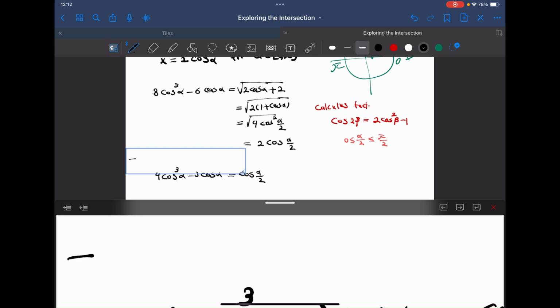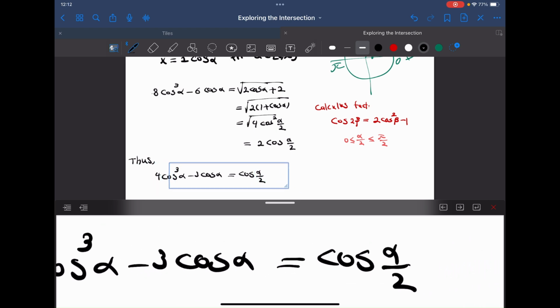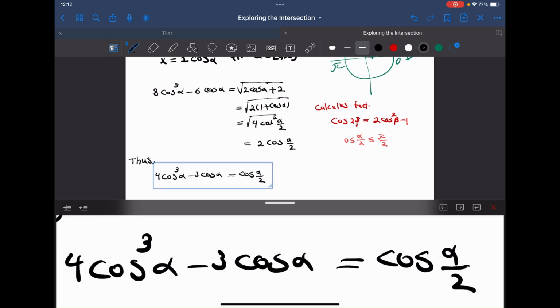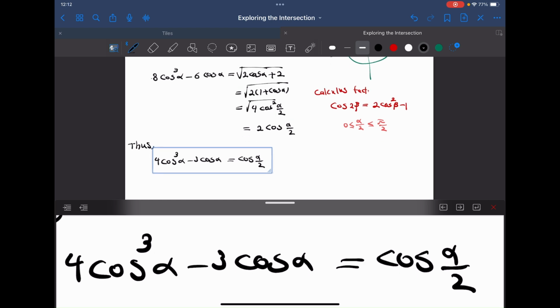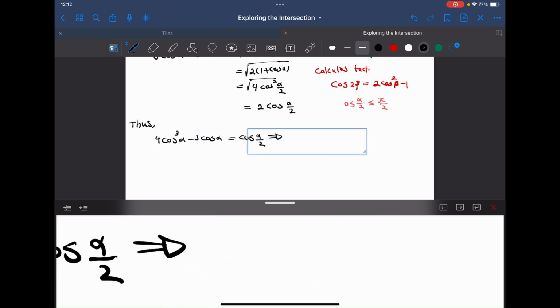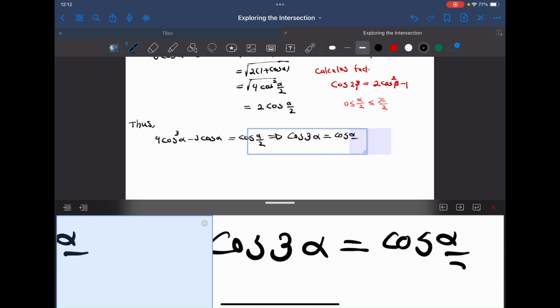But I know that this is another equality from calculus, that the left hand side is equal to cosine of 3 alpha. So cosine of 3 alpha is equal to cosine of alpha divided by 2.